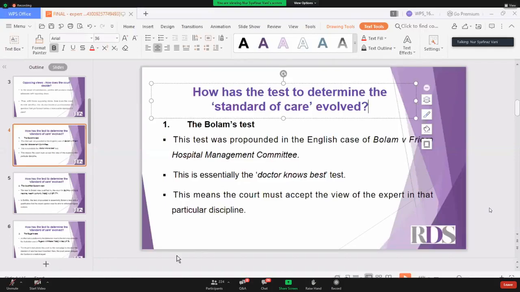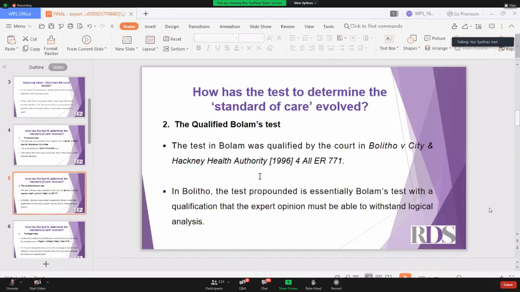Stop, that's it. We then move on to what I call the qualified Bolam test, because the English courts in Bolitho actually qualified the Bolam test in the sense that, yes, doctor knows best, but the expert opinion given by the doctor, the medical professional, must be able to stand a logical analysis.